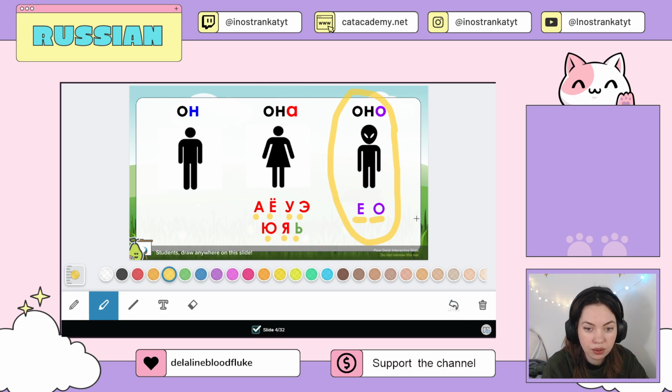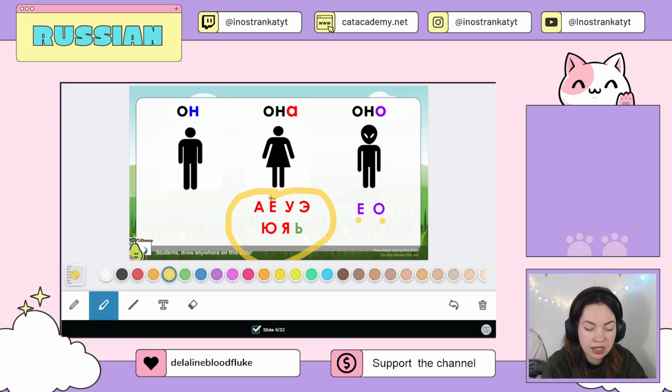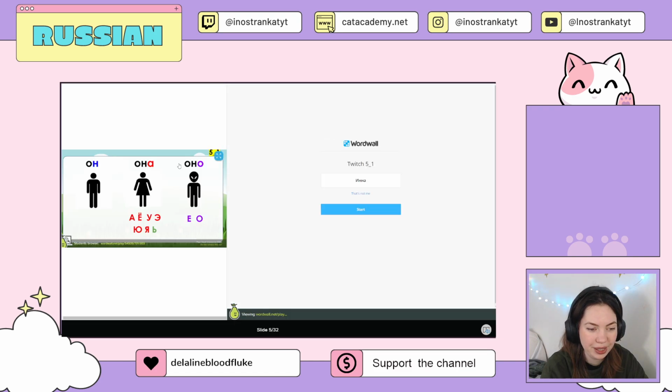We start with identifying the gender from letters ye and o. If it's not that, we move to the next rule, to all of these letters. If they're not them, it will be он. So let's practice. Давайте вперед практикуемся.